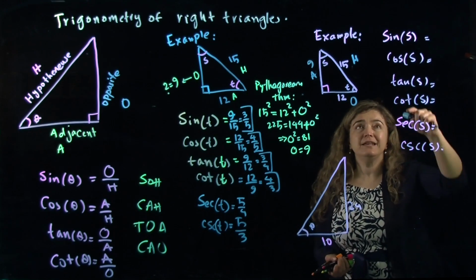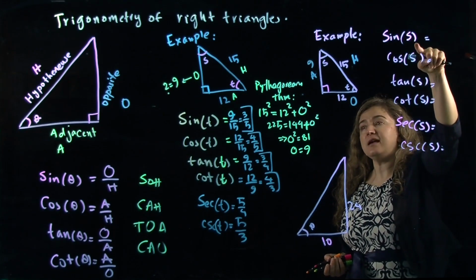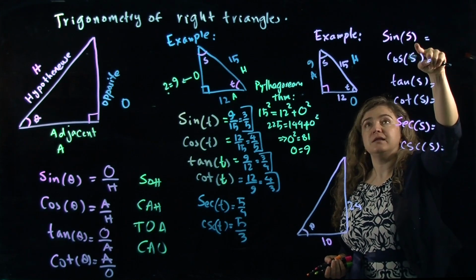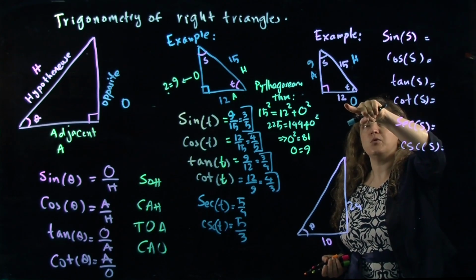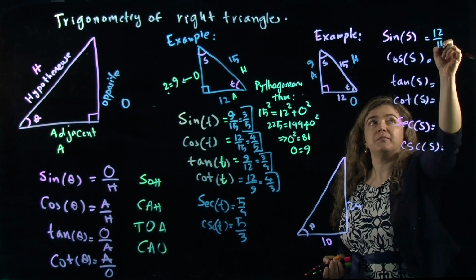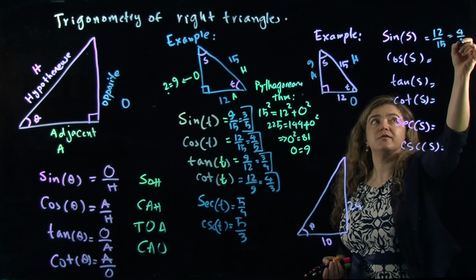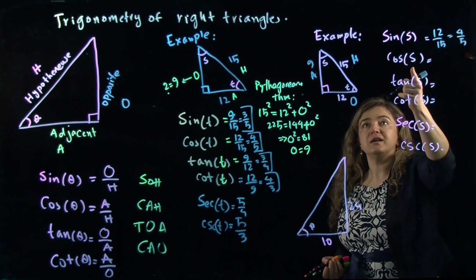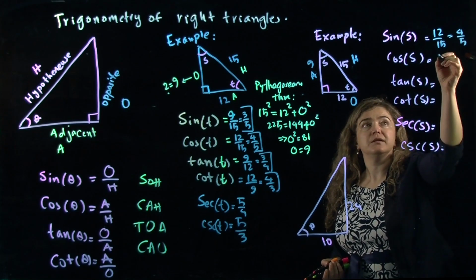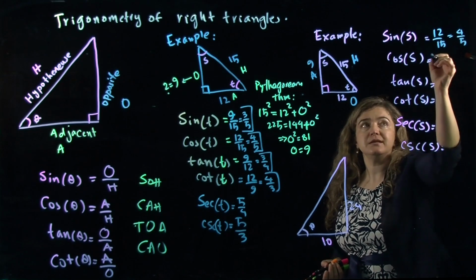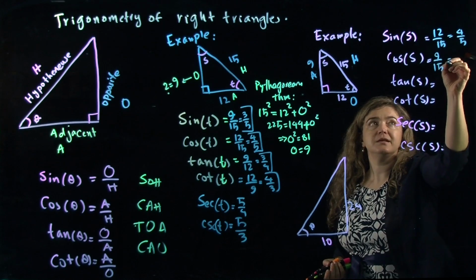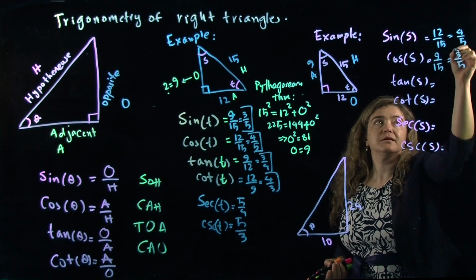Now, when I'm finding values, sine of S is, this time, the opposite, 12, divided by hypotenuse. It's going to be 4/5. The cosine of S is going to be the adjacent divided by hypotenuse. That's 3/5.